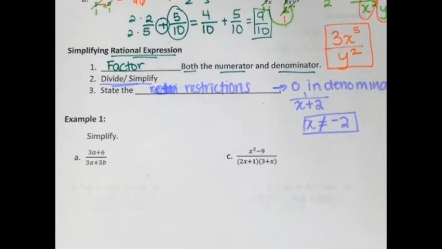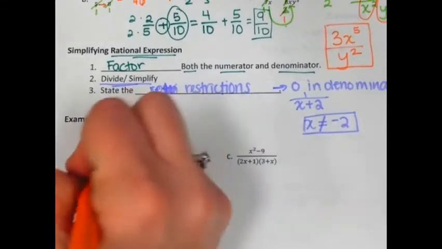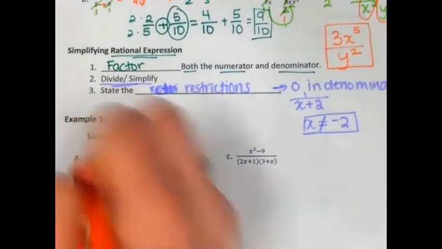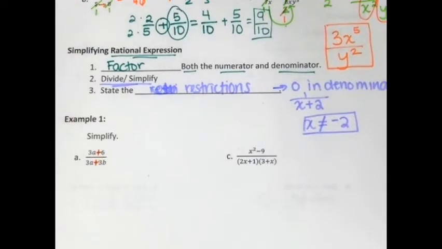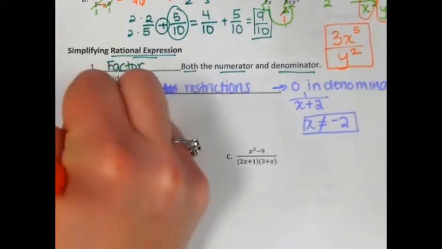Now, we can't simplify 3a over 3a. That's not 1. Do you know why it's not 1? Because what do we have in between here? We have these addition signs. And can we cross simplify or anything when we have addition signs? No. So what I always tell people to do, if we see plus or minus, I like to group them together.